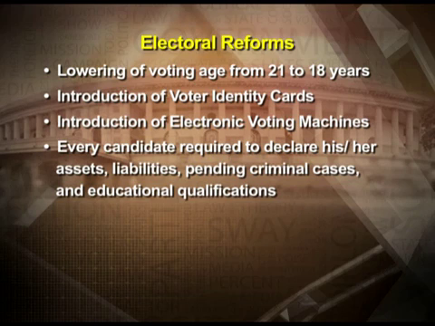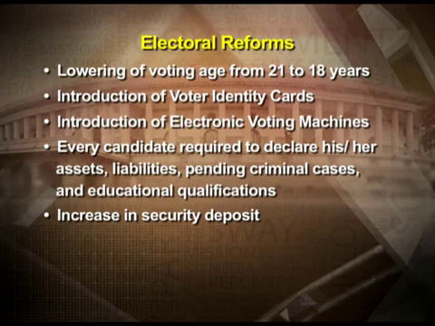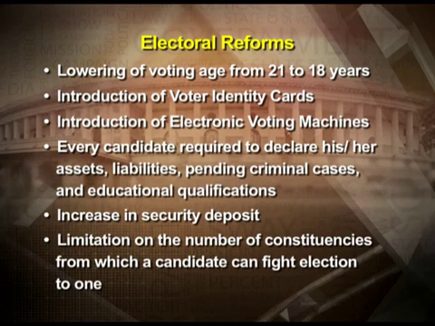Every candidate required to declare his or her assets, liabilities, pending criminal cases against them, and educational qualifications. Then increase in security deposit. Limitation in the number of constituencies from which a candidate can fight election to 1.